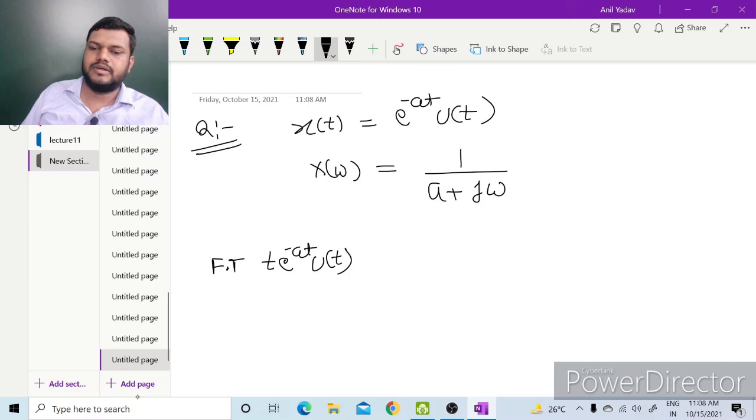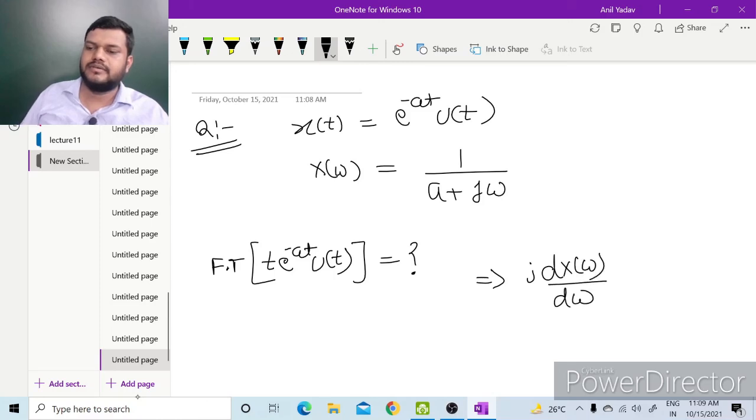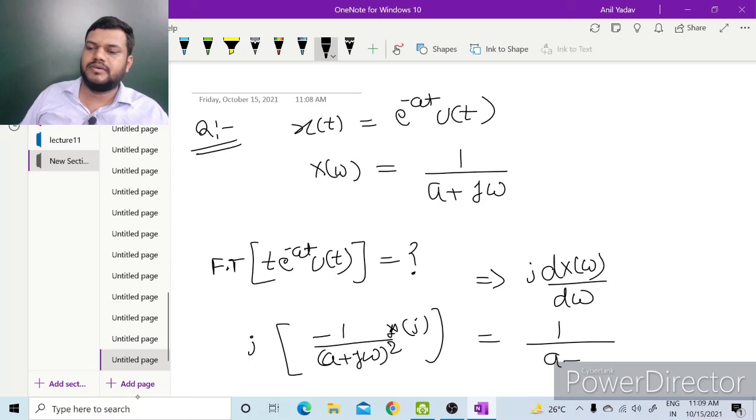So we know this will be j dX(omega)/d omega, which is j times the differentiation of this, minus 1 upon (a plus j omega) whole square, multiplied with j. So this will be 1 upon (a plus j omega) whole square. So t e to the power minus at u(t) has Fourier transform 1 upon (a plus j omega) whole square.